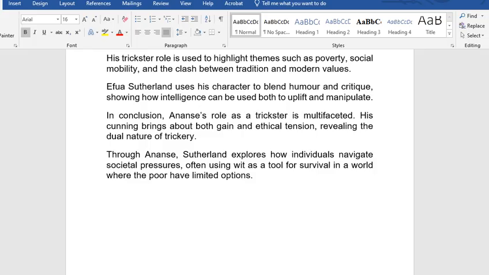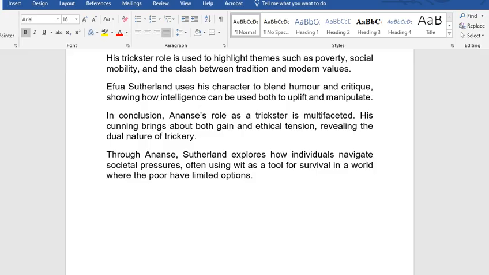Through Ananse, Sutherland explores how individuals navigate societal pressures, often using wit as a tool for survival in a world where the poor have limited options.